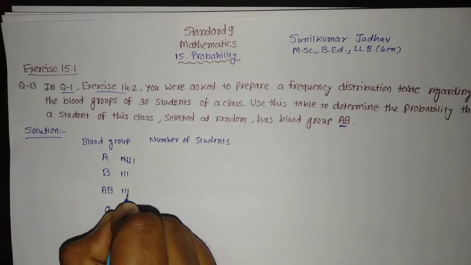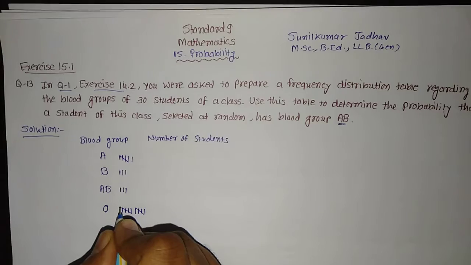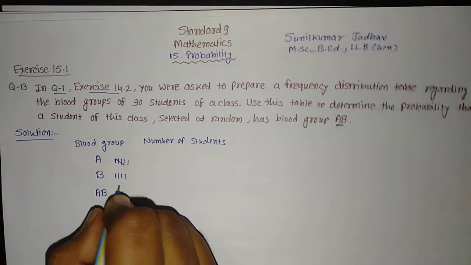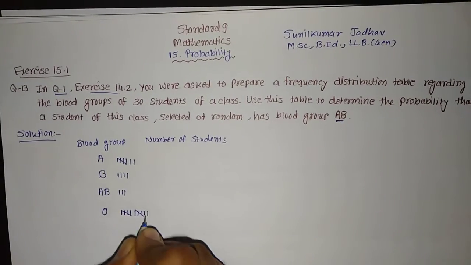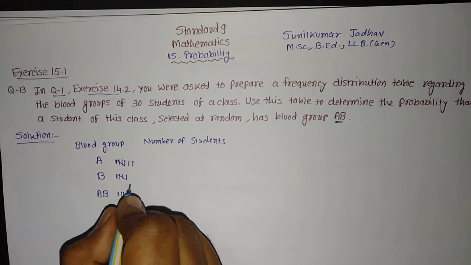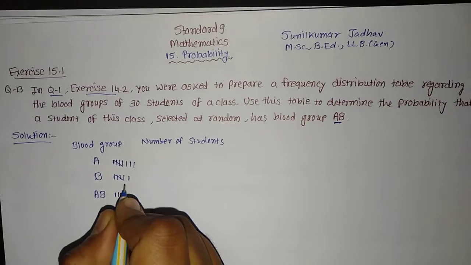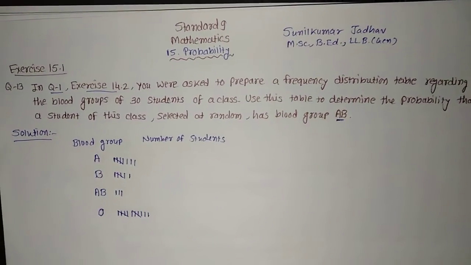One more AB, then B, then again A, then O, then B, A, B, and O. So this is the data that is already given.